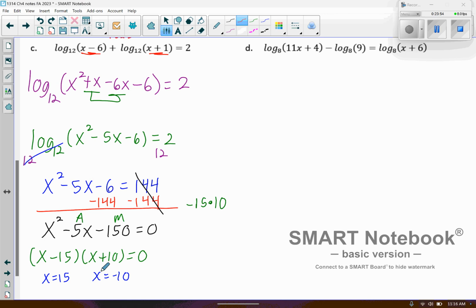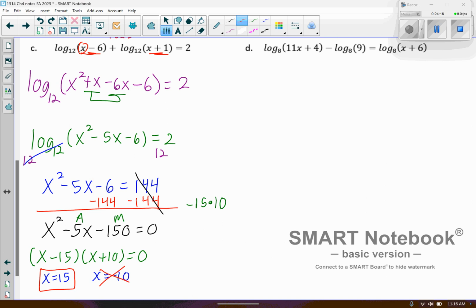But I'm going to have to reject the negative 10 because if I plug in negative 10, it's going to cause me to evaluate the logarithm at a negative value, and that's no good. 15 looks like it's good to go. Okay, our last one. Now this is back to the ones where we have the one-to-one properties going on here.